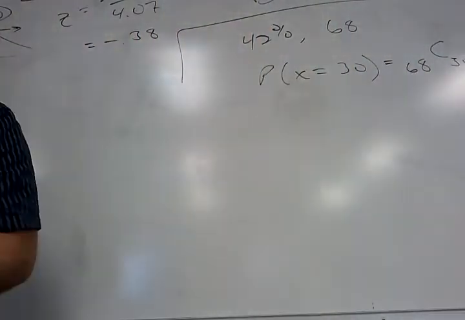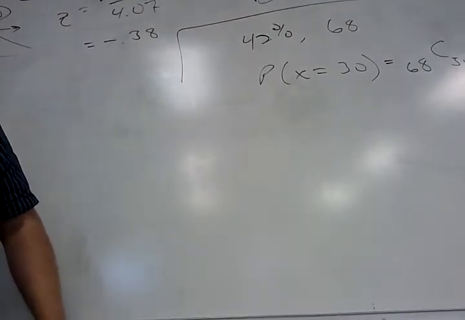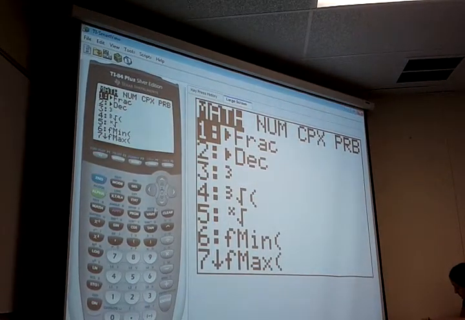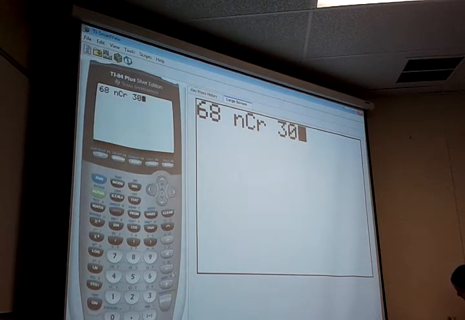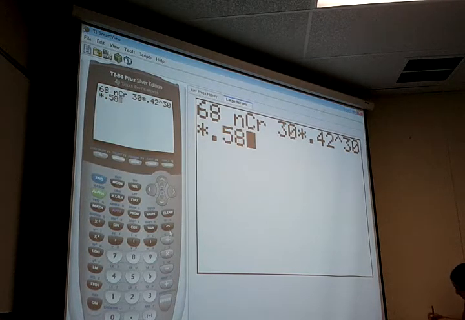So let's do that real quick. 68. Math. Probability. The third one. 68. Choose 30. Times 0.42 to the 30th. Times 0.58 to the 38.